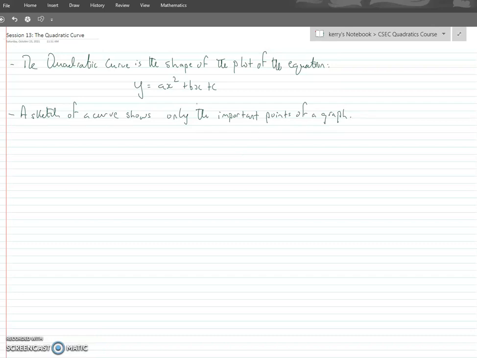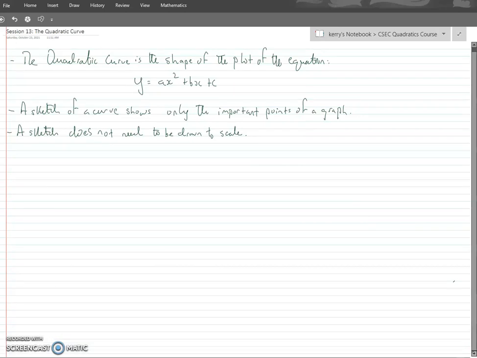A sketch does not need to be drawn to scale. So what that means is that you don't need graph paper to do a sketch. Although it is a rough outline, it is an outline of the shape of a curve that shows you just the important points that you need to know.